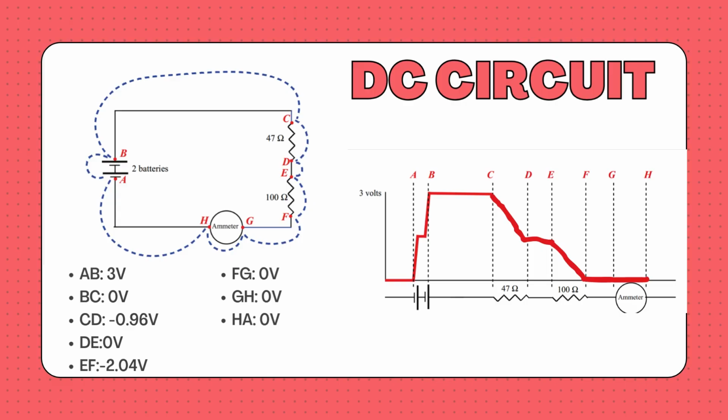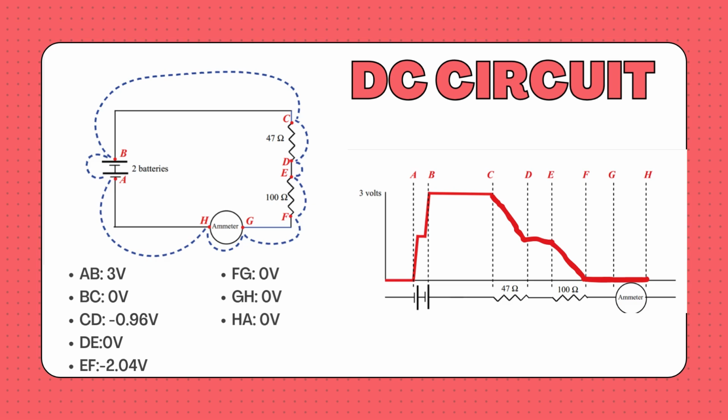Okay, again for our DC circuit, when we took a look at our graph, we started with 0 volts, and as we went through the circuit, we saw the difference in voltage. But as you add the voltage among the entire circuit, you're going to get 0.